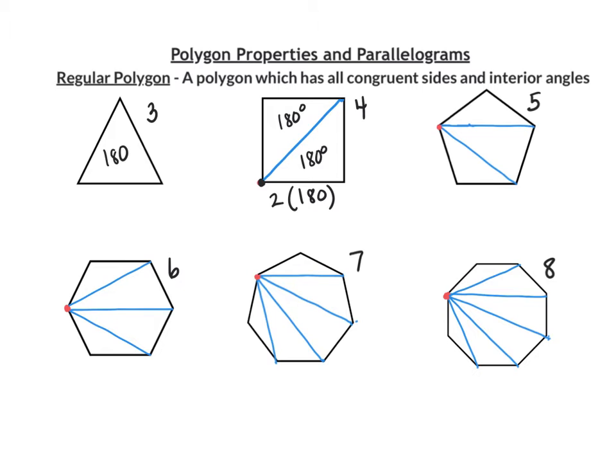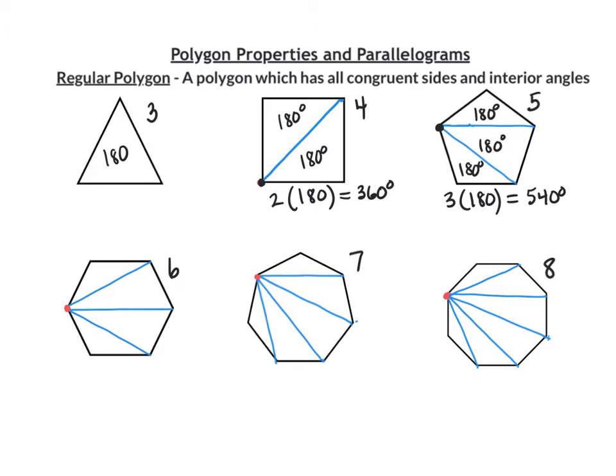The pentagon, if I pick one vertex, it can be any vertex, and draw in the diagonals, I get 180, 180 degrees, and 180 degrees. And it ends up being 3 times 180 for the sum of the angles in a pentagon. And that happens to be 540 degrees, just like the quadrilateral is 360 degrees.